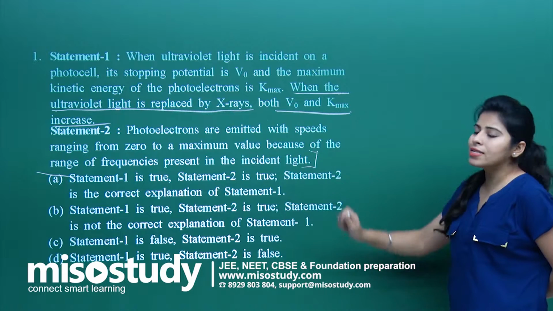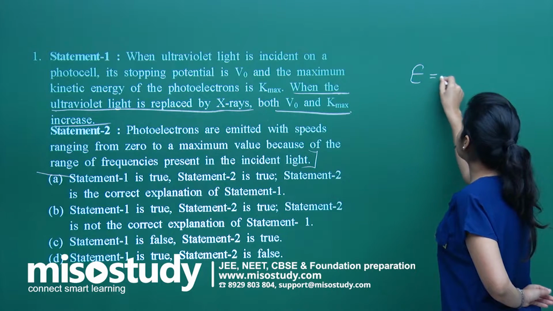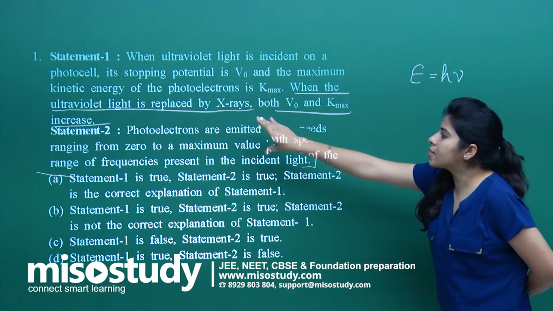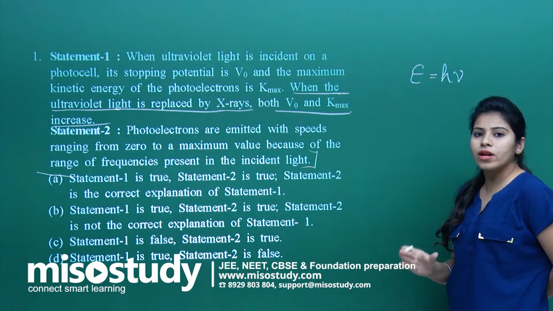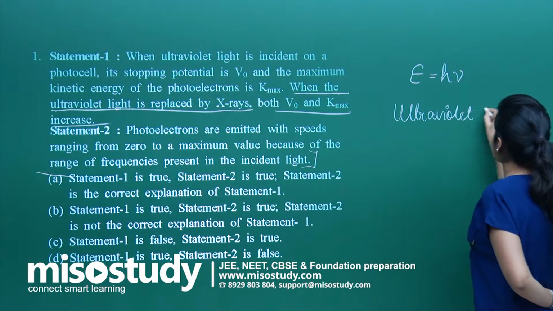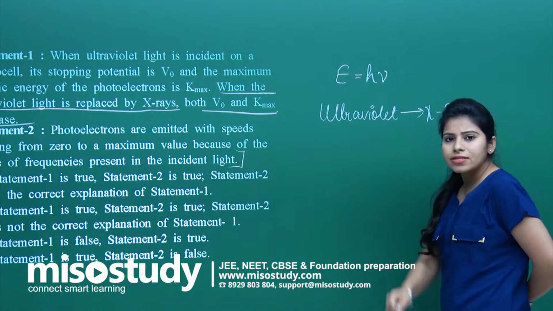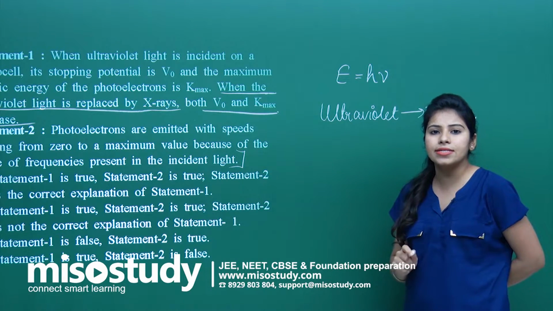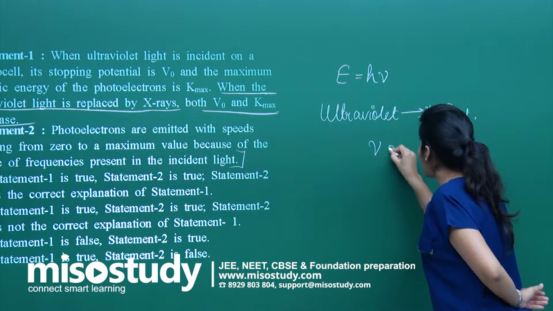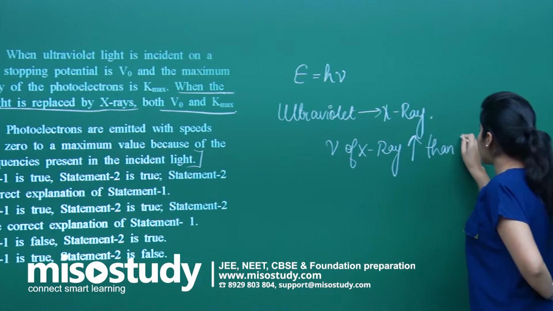Now I have to proceed with this question using E equals h nu. When I change the light from ultraviolet to X-ray, the frequency of X-ray is higher than that of UV rays.